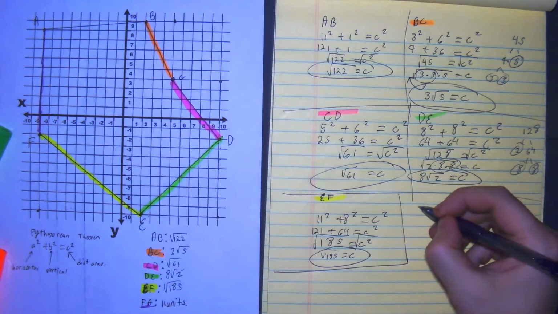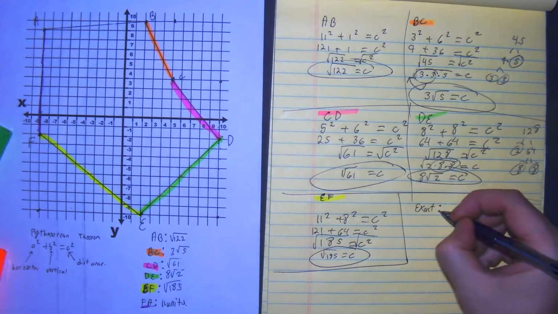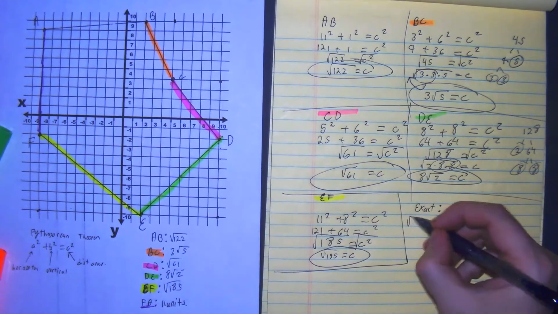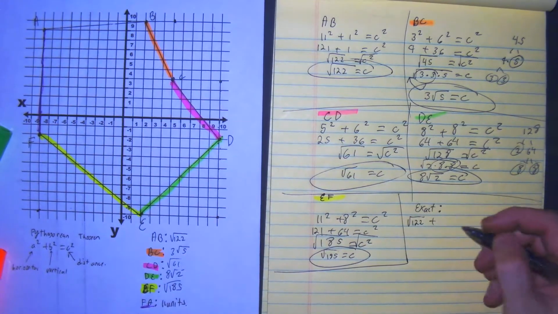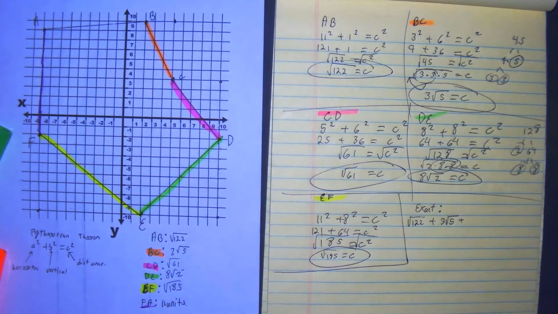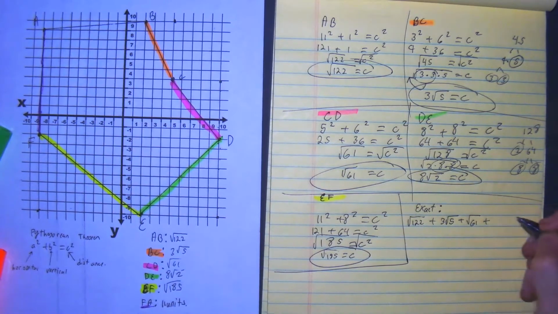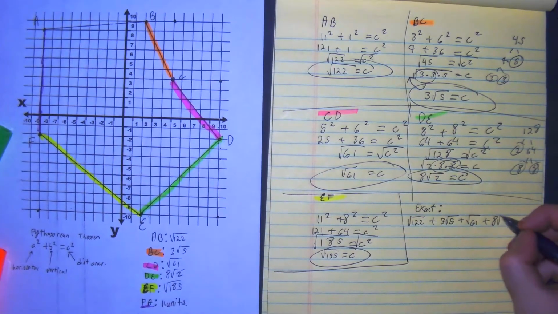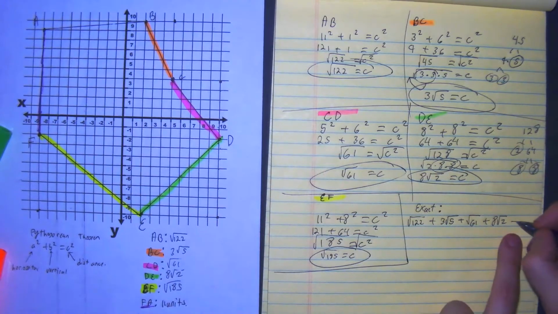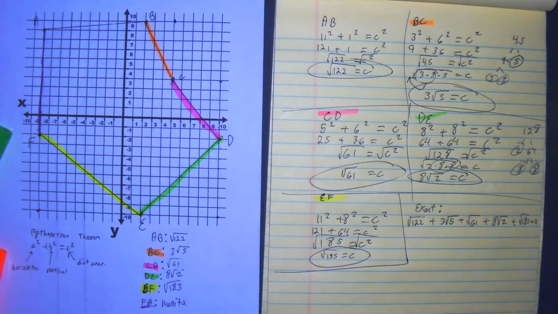So our exact distance would look like this: square root 122 plus 3 square root 5 plus square root 61 plus 8 square root 2 plus square root 185 plus 11. So that would be our exact answer.